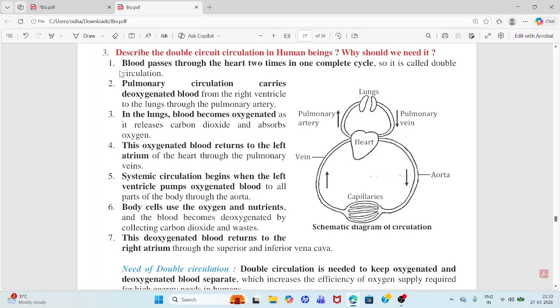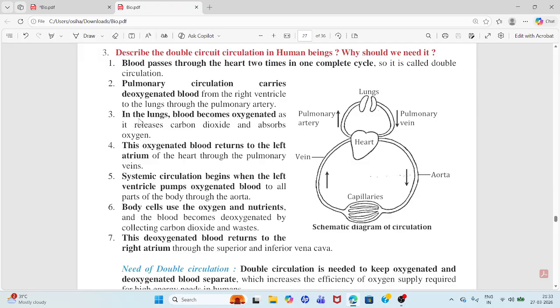Now, answer. Blood passes through the heart two times in one complete cycle, so it is called double circulation. Pulmonary circulation carries deoxygenated blood from the right ventricle to the lungs through the pulmonary artery.